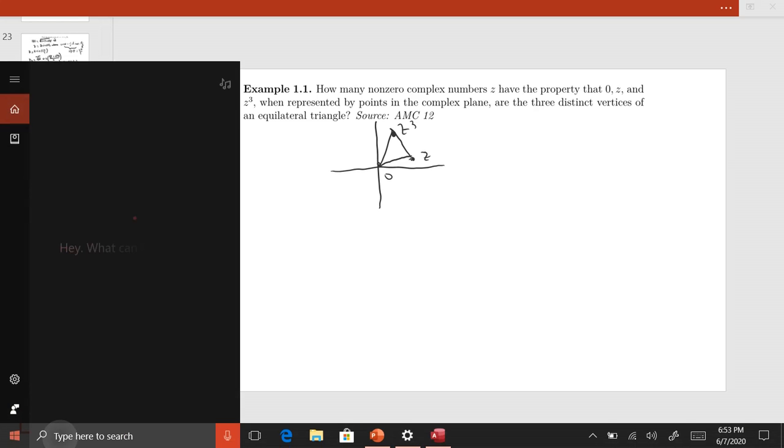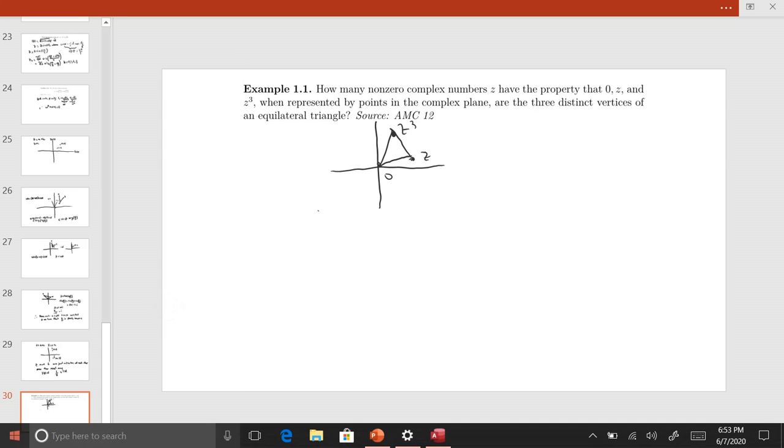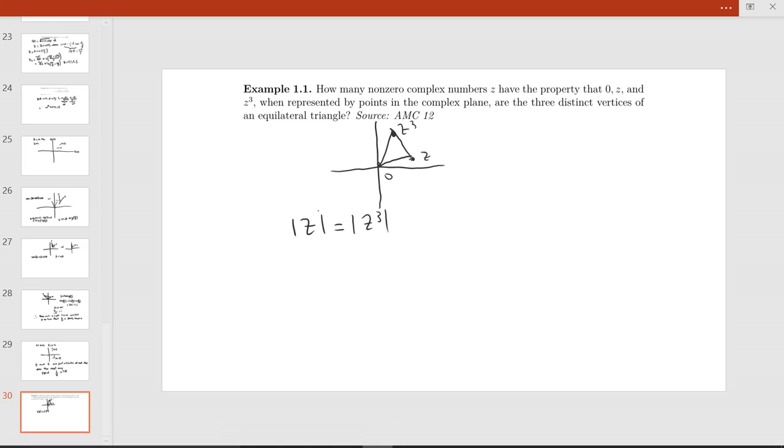So the first condition implies that the magnitude of z is equal to the magnitude of z cubed. But the magnitude of z cubed is just equal to the magnitude of z, cubed, by de Moivre's theorem. So this implies that the magnitude of z is equal to 1, or z lies on the unit circle.